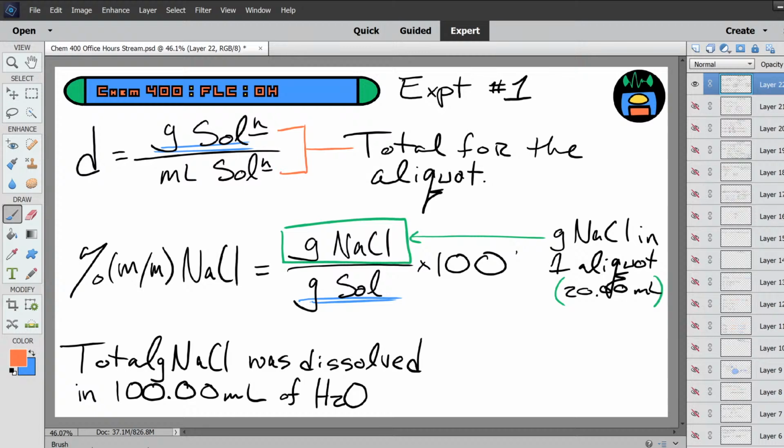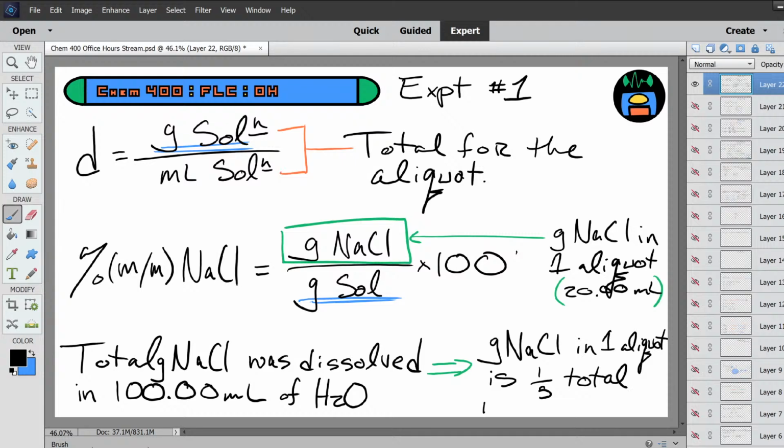So because of this, that means that the grams of NaCl in 1 aliquot is 1/5 the total mass of NaCl.